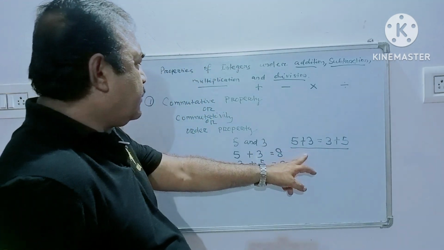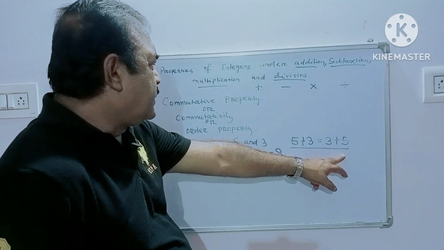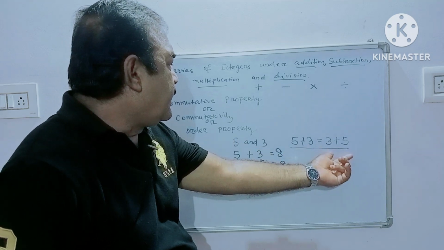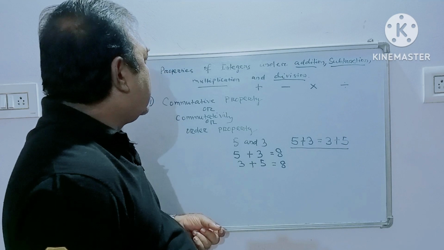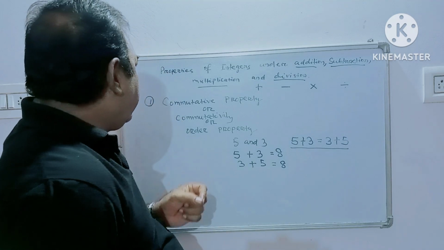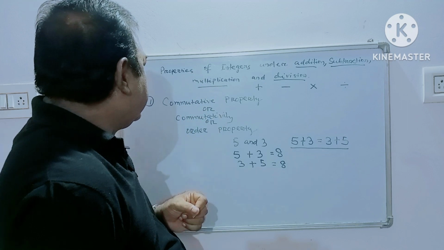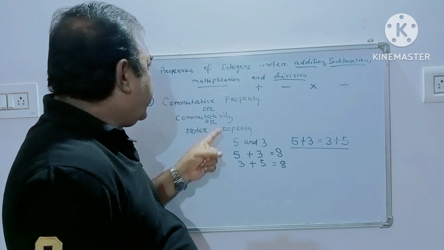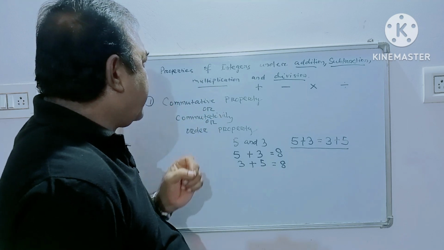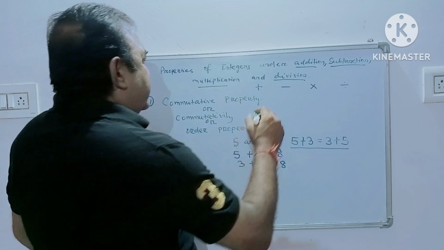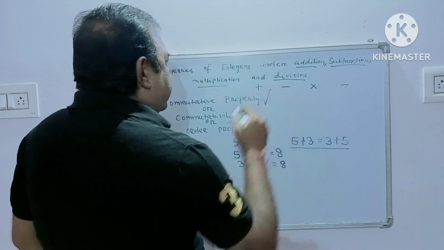Left hand side 8 and the right hand side is also equal to 8. So all the integers show the commutative property under addition. So I am giving a tick mark here.